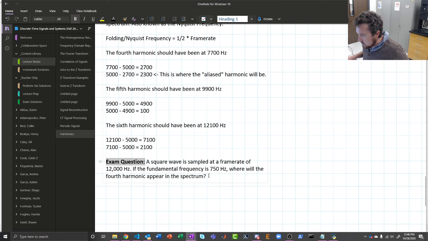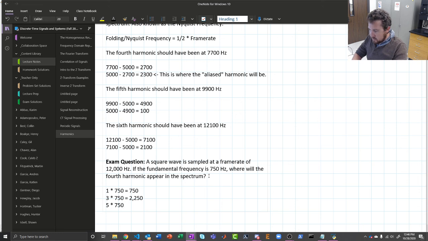That's going to be an awesome exam question, or a sample of an exam question. So let's go ahead, we got like 4 minutes left. So what would we expect? The square wave harmonics occur at odd multiples. So 1 times 750 equals 750. Then 3 times 750 equals that. We're interested in the fourth harmonic, so the third harmonic would be 5 times 750 equals that. The fourth harmonic will be 7 times 750.